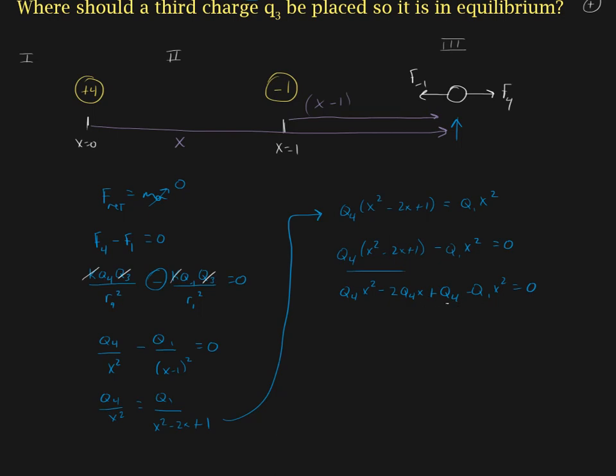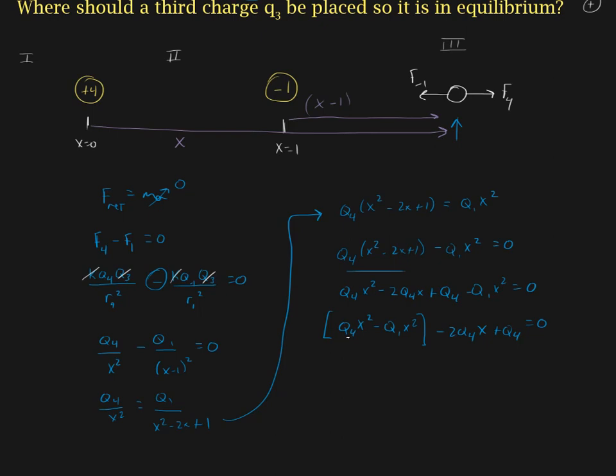We will combine all the like terms, so we get Q4x squared minus Q1x squared minus 2Q4x plus Q4 is equal to 0.